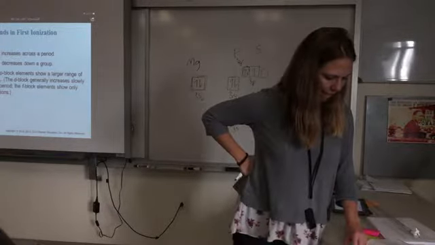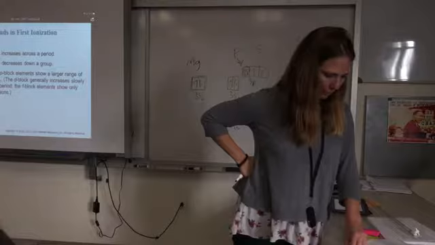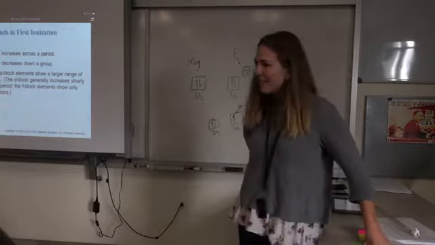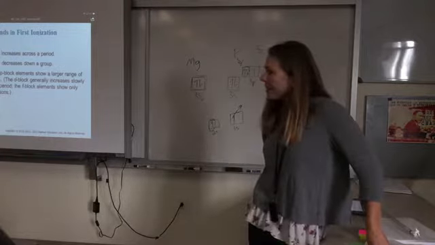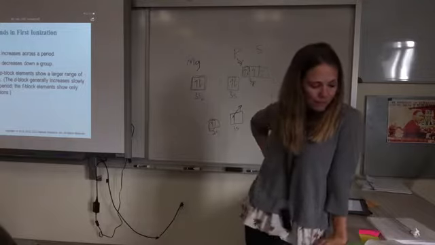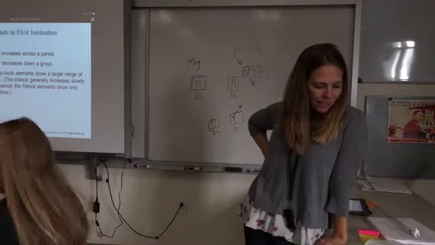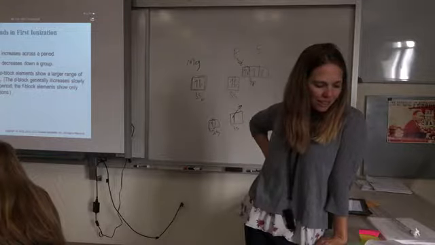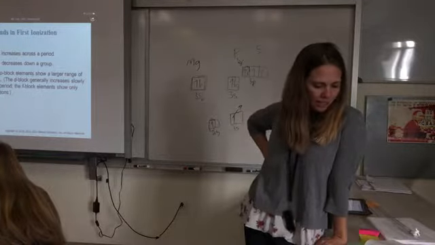All right, go to 269. Okay. And look at this sample exercise on 269. It says three elements are indicated in the periodic table in the margin. Which one has the largest second ionization energy?